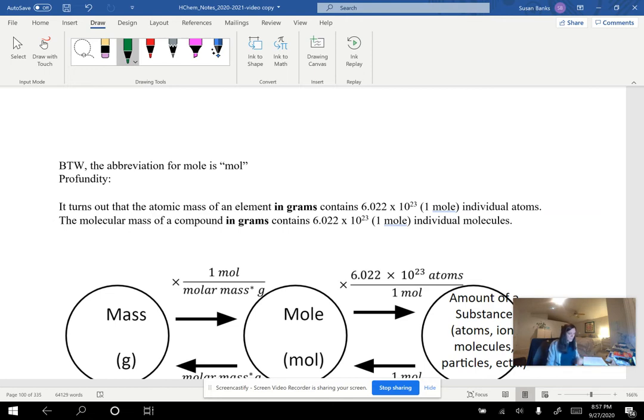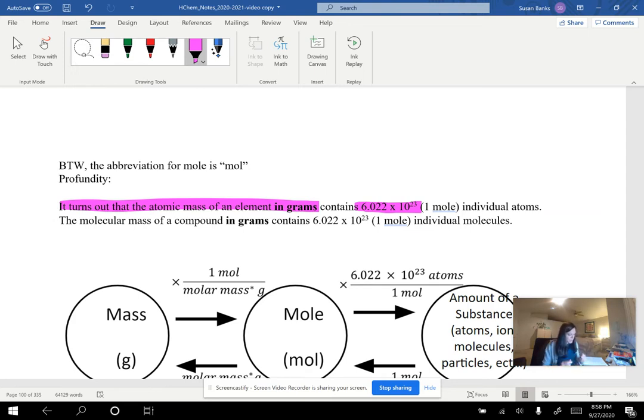So the profundity, this is the big idea of today. It turns out that the atomic mass of the element in grams contains 6.022 times 10 to the 23, or 1 mole of individual atoms. So if I look at the periodic table and I look at the atomic mass, and I measure that out not in AMUs, but in grams, I will have 1 mole, or 6.022 times 10 to the 23 atoms of that element.